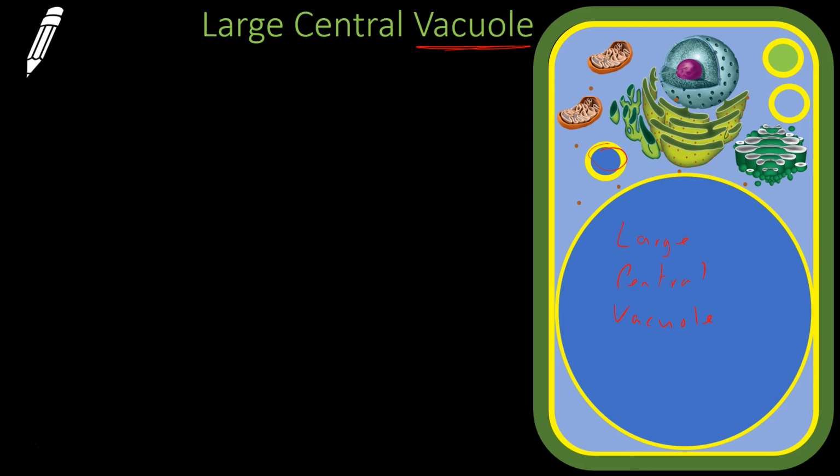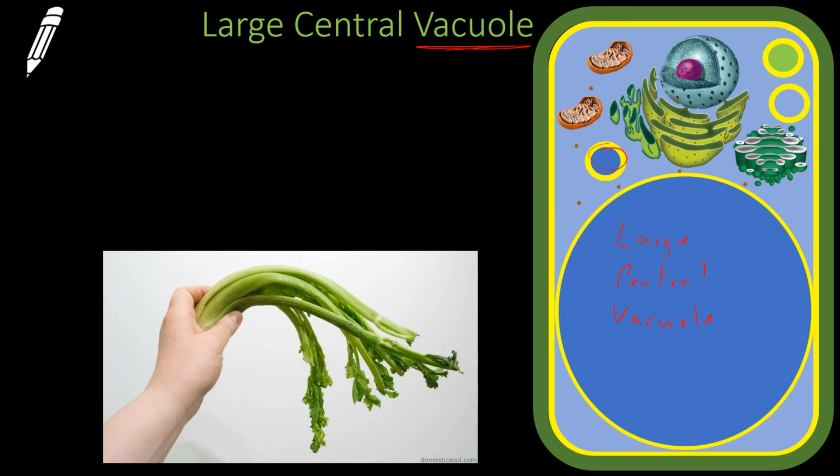And if you've ever seen celery that's limped over like this, why is that? Well, when the plant cells have lots and lots of water, that large central vacuole is actually going to squish all the organelles over here. They're all going to be squished up against the brim. And all this water is going to put pressure on the sides of the cell.